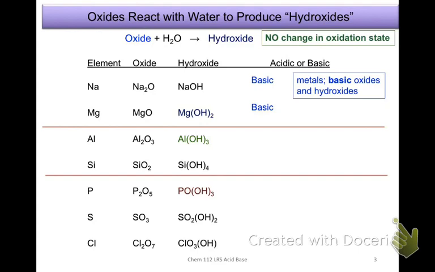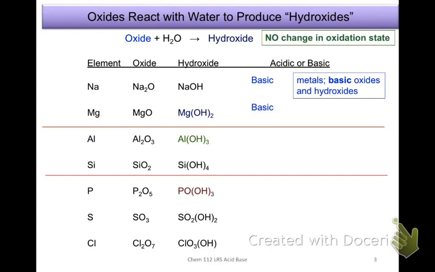The middle section of the slide shows you aluminum and silicon. These two elements are metalloids. They're in between metals and nonmetals. The metalloids have properties of both metals and nonmetals. And if we did an experiment where we put aluminum foil into a solution of HCl, we would find that it would dissolve. At the same time, a piece of aluminum foil would dissolve in a solution of sodium hydroxide.